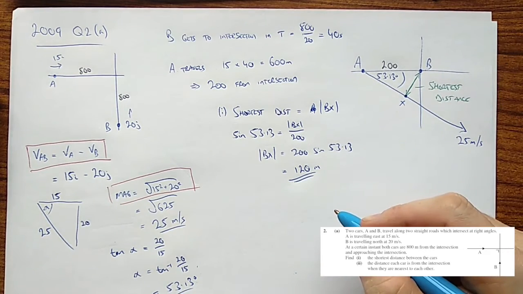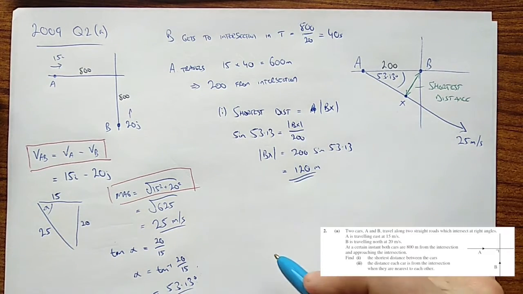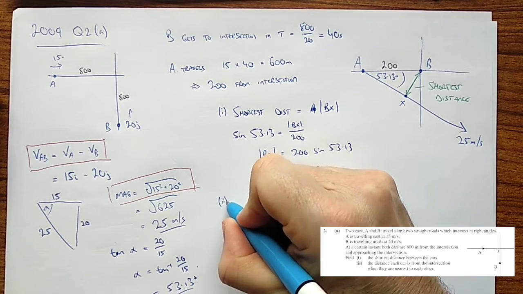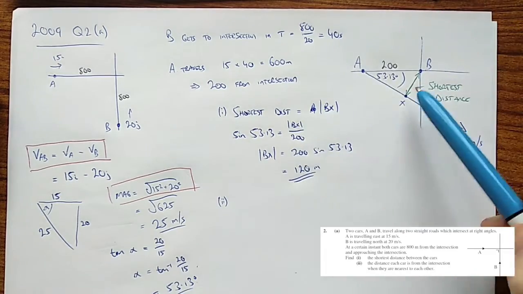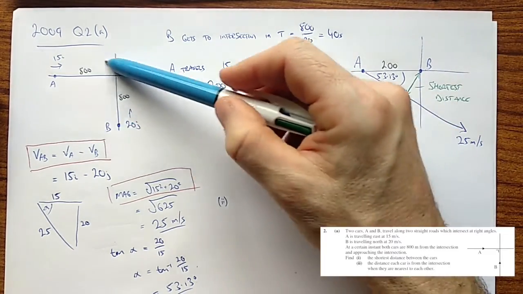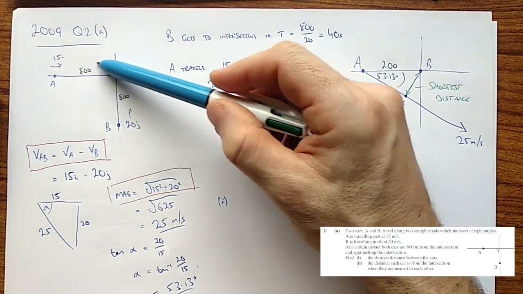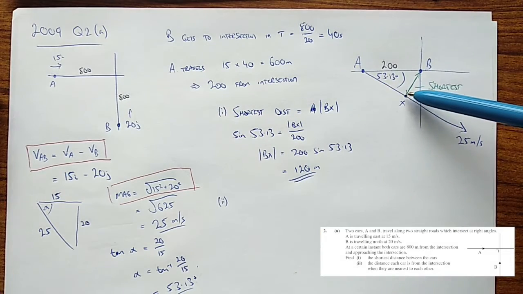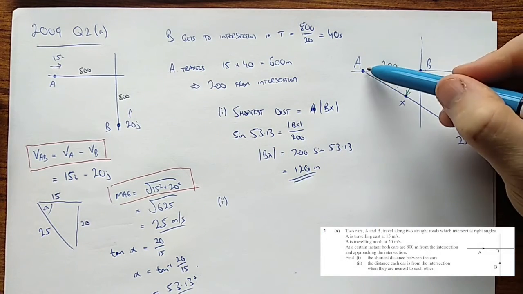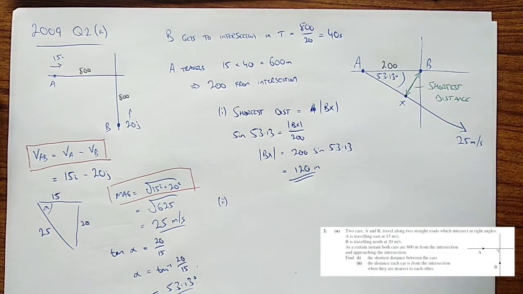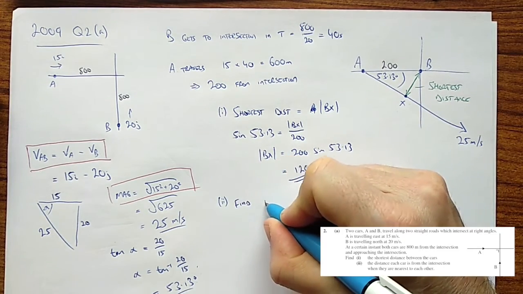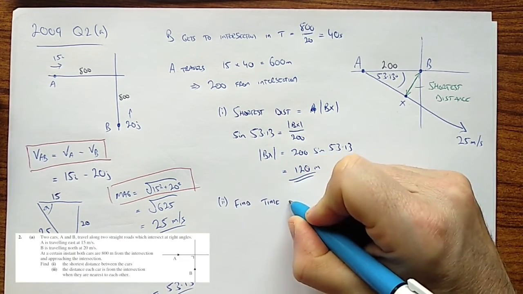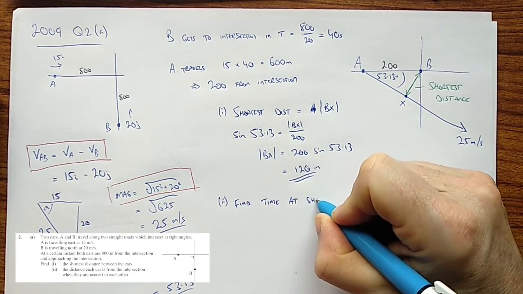All right, now what's happening in part 2? How far from the intersection when they're nearest to each other? So we need to come back to our reality one here and figure out at what point this nearest distance happens. Well, if we knew the distance here and we have the speed, we can figure out the time when it happens. So we find the time at the shortest distance.